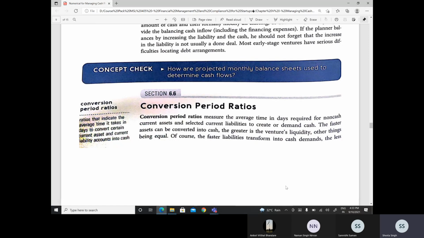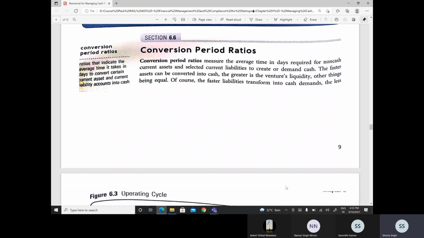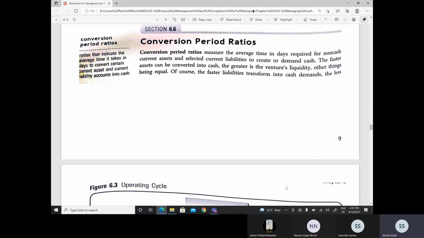Now we come to some very interesting ratios which are called conversion period ratios. Basically, these ratios show us the relationship of the operating cycle of the startup. Okay, how efficient the startup is in managing its operations.